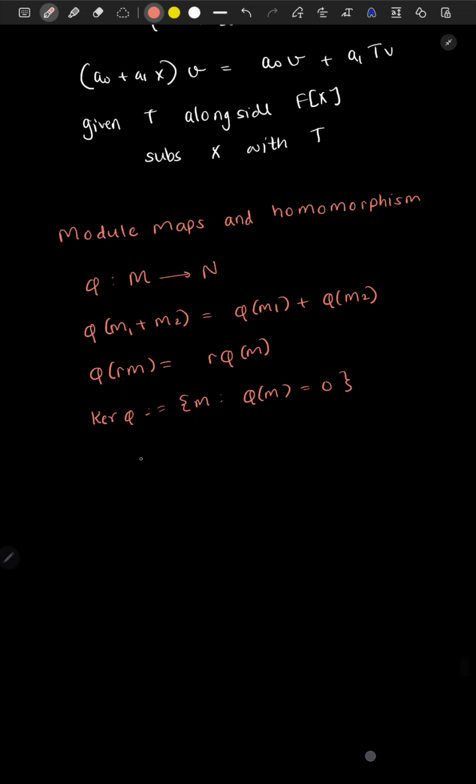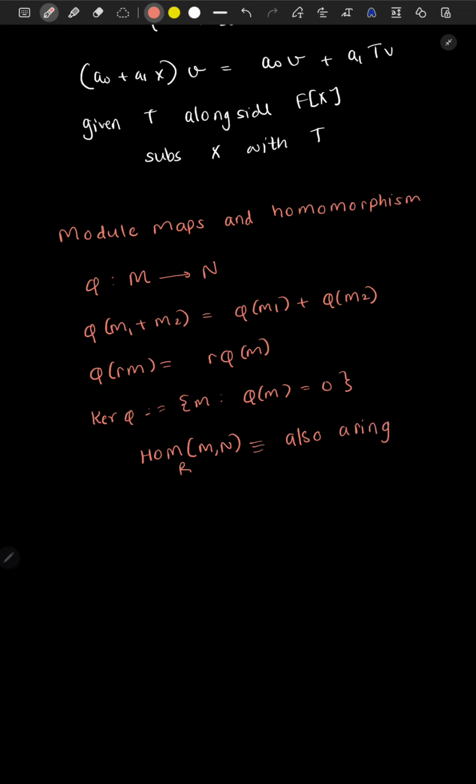Now consider the set of all homomorphisms between M and N over R. We'll show that this is also a ring.